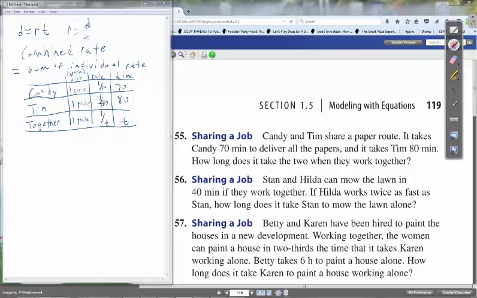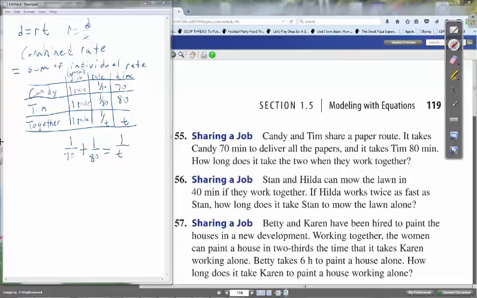Combined rate is the sum of the individual rates. So that gets me an equation: 1 over 70 plus 1 over 80 equals 1 over T. That's an equation? Not difficult at all to solve.